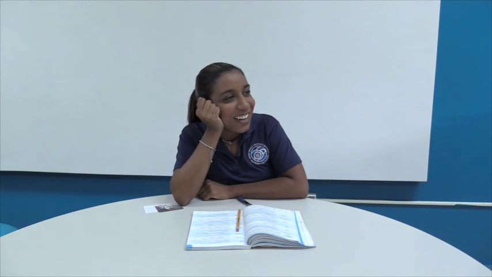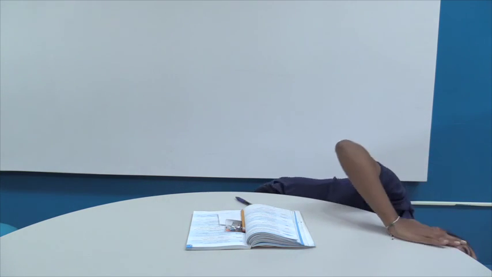Hi, girls. Do it again. I want to start over. I don't like it. Why? Guys, I get nervous. What the heck is wrong with this teacher? She's so crazy.